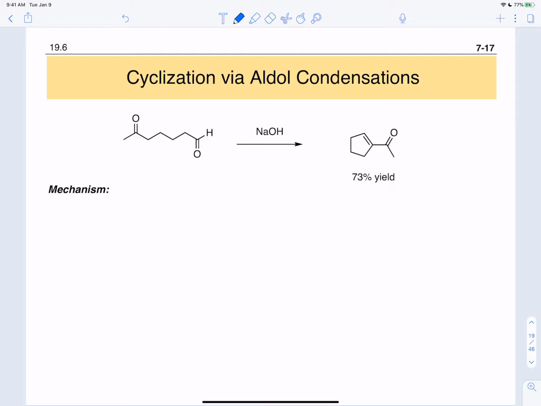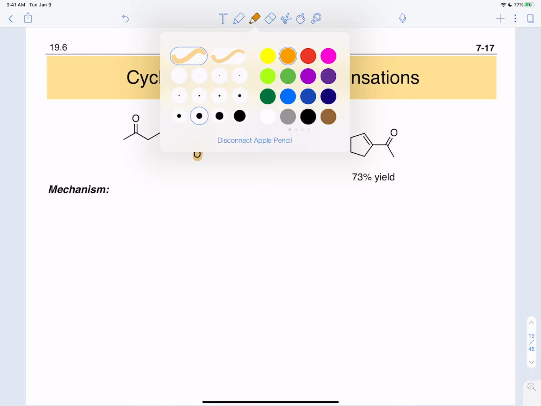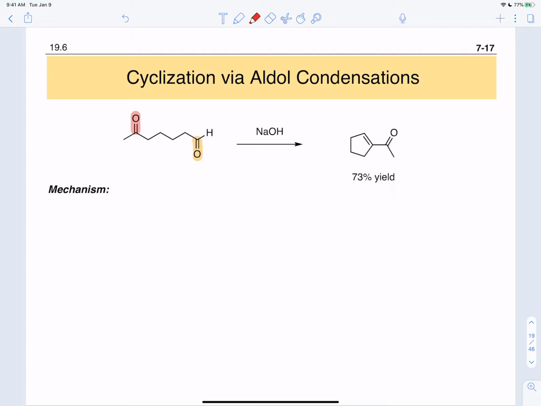So a good way to highlight this selectivity is in an intramolecular reaction of an aldehyde with a neighboring ketone. So if you imagine the equilibrium where we treat this with sodium hydroxide, we're going to assume there's probably also a little bit of water around for proton transfers.